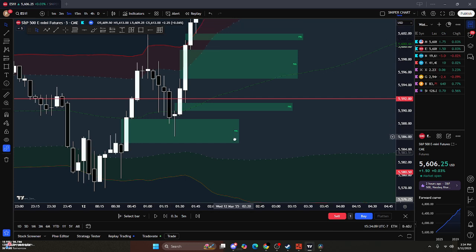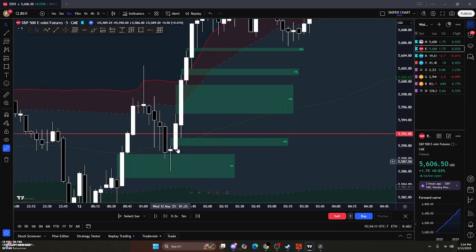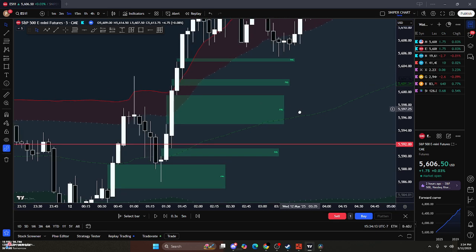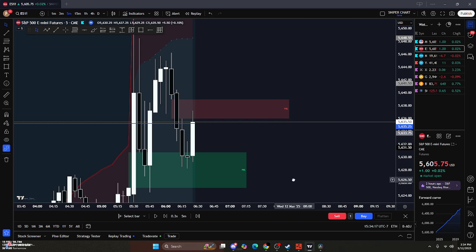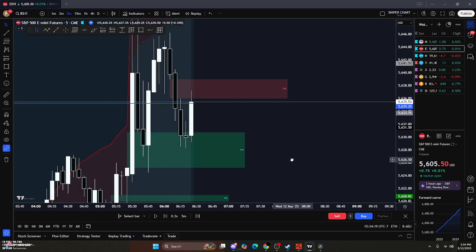As we see, wick closed, crazy increase in the market. So that body doesn't always have to close in the gap. If the wick at least taps in with that, you can go and place a trade and be profitable.